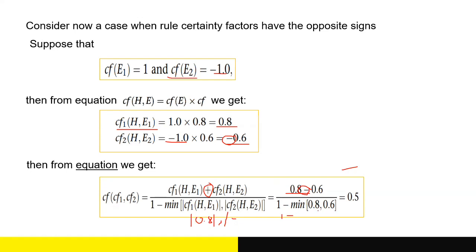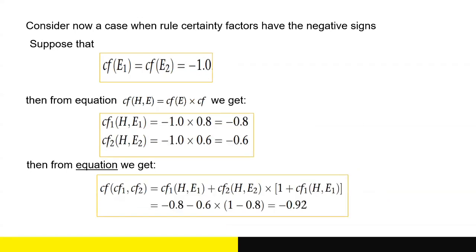So, ang minimum value po dito is 0.6. So, the certainty factor of the combined evidence is 0.5. So, it shows how a combined certainty factor, or in other words, net belief, is obtained when one rule, which is rule 1, confirms the hypothesis, but another rule, rule 2, discounts it.